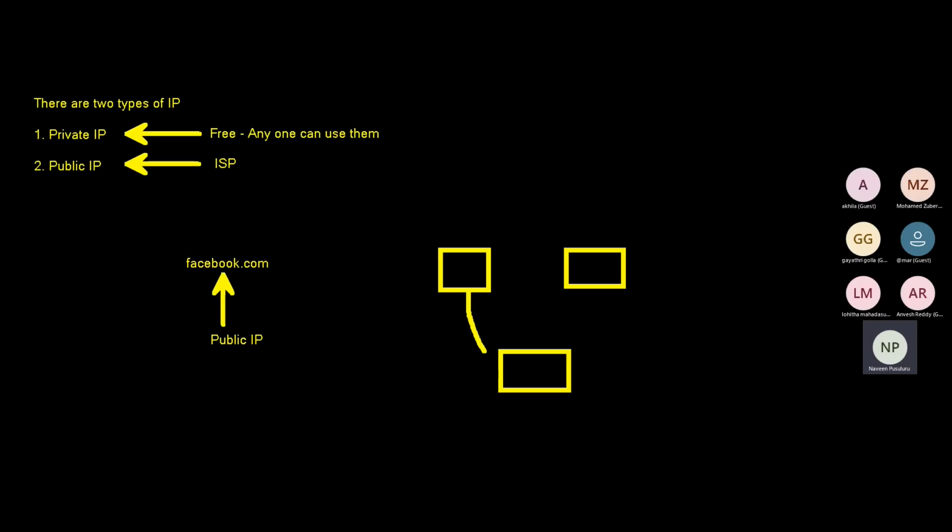I can connect all these laptops together with cables and assign private IP addresses: 10.10.10.11, 10.10.10.12, 10.10.10.13. I can assign the range with private IPs and establish communication between these laptops.